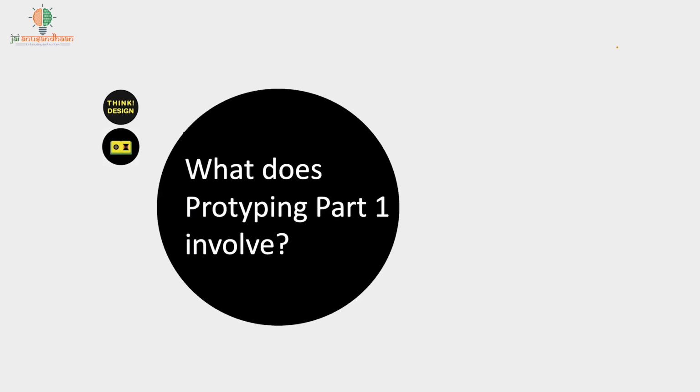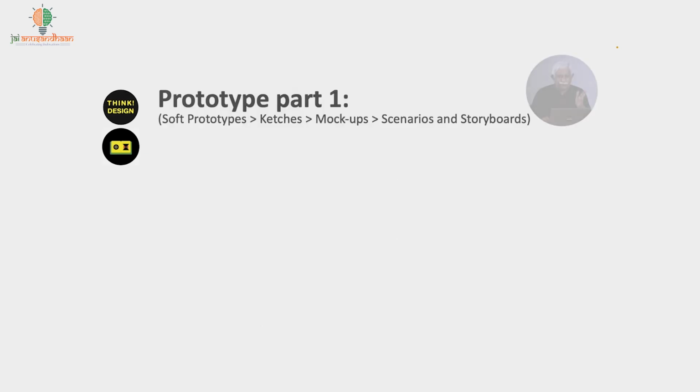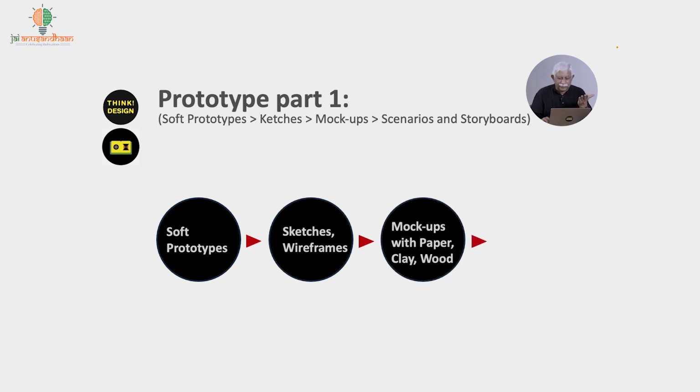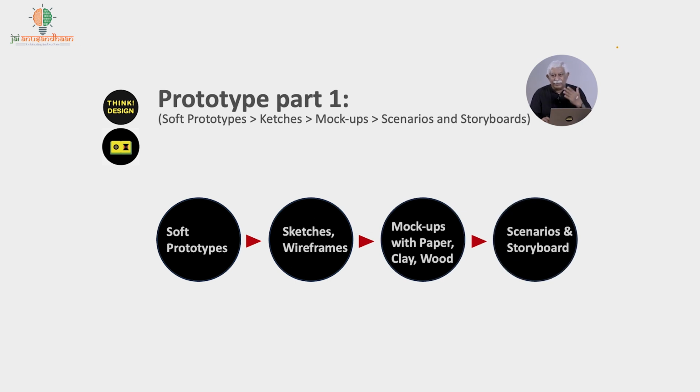So let's look at the different steps that prototyping part 1, soft prototyping, involves. We started with trying to understand what is soft prototyping, looked at methods of sketching, doing wireframes and layouts, then mock-ups with paper, foam, clay and wood, and then finally creating scenarios and storyboards.